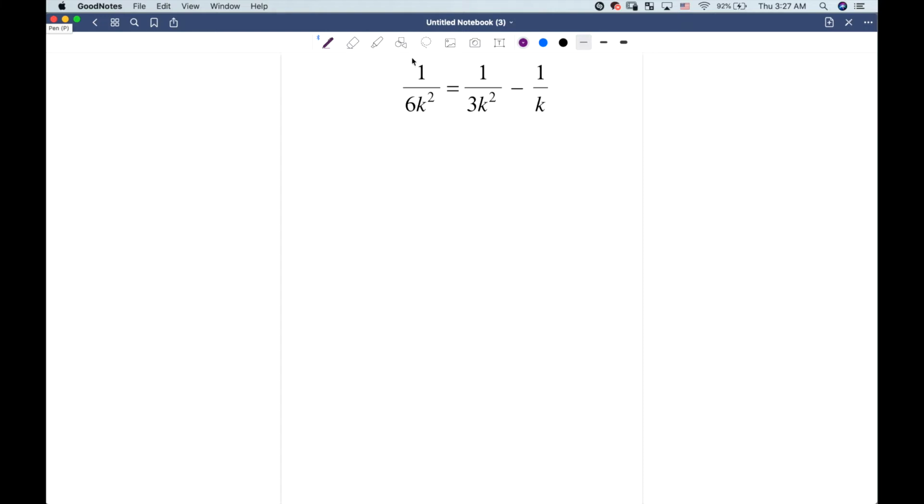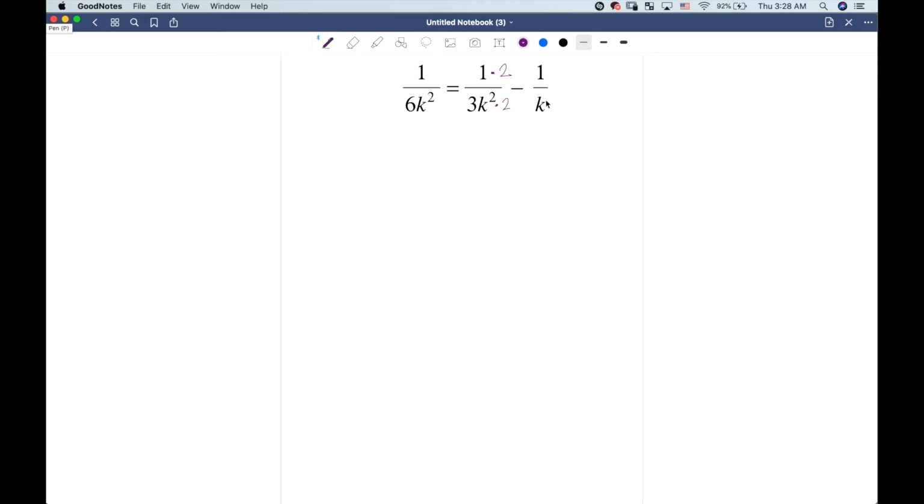I can already tell that to turn 3k squared into 6k squared, I just have to multiply by 2. Right? 3k squared times 2 will give me 6k squared, and they will match. When you multiply the denominator, you have to multiply the numerator.